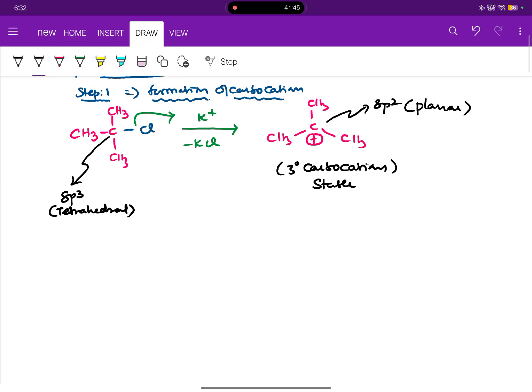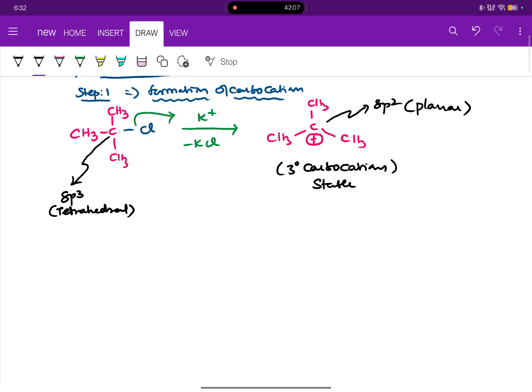So this plus I effect will supply electron to the central carbon. Yes, sir. So the central carbon is already having a positive charge. So the positive charge, or you can say the starvation of the electron, is satisfied by the carbon giving the electron to the central carbon. So this is through plus I.